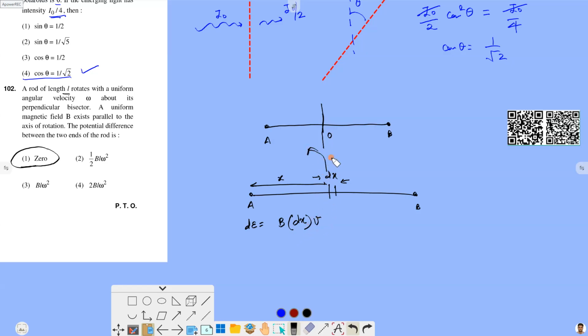Now as it is rotating with angular velocity omega, this velocity will be omega times x, so this will become B omega x dx. And if we integrate dE, we get B omega x dx with limits 0 to L, and if we solve this we will get half B omega L square.